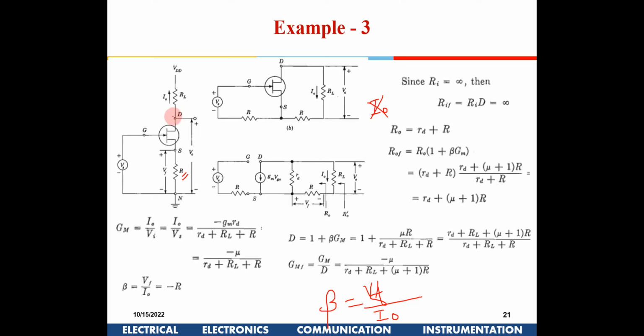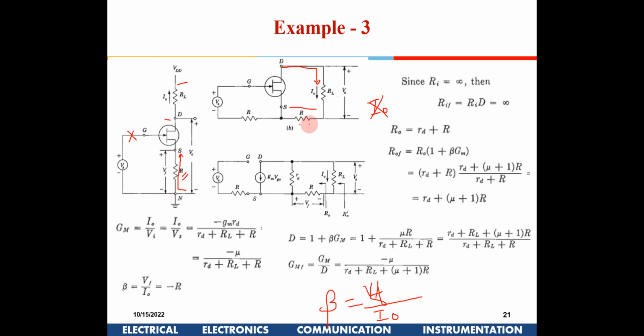Now regarding the output circuit, since we are sampling current, we are going to open this circuit out here, right? If I go from the drain side, I have an RL out here, and if I come to the source, I have a resistance from here to here.